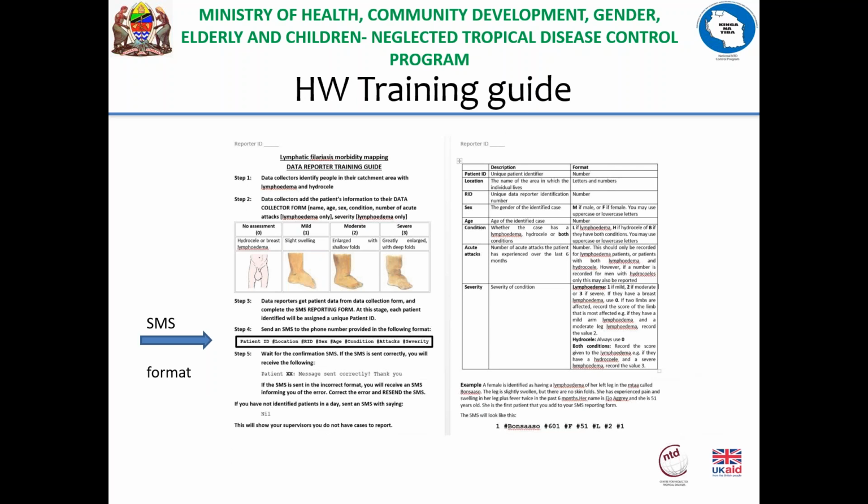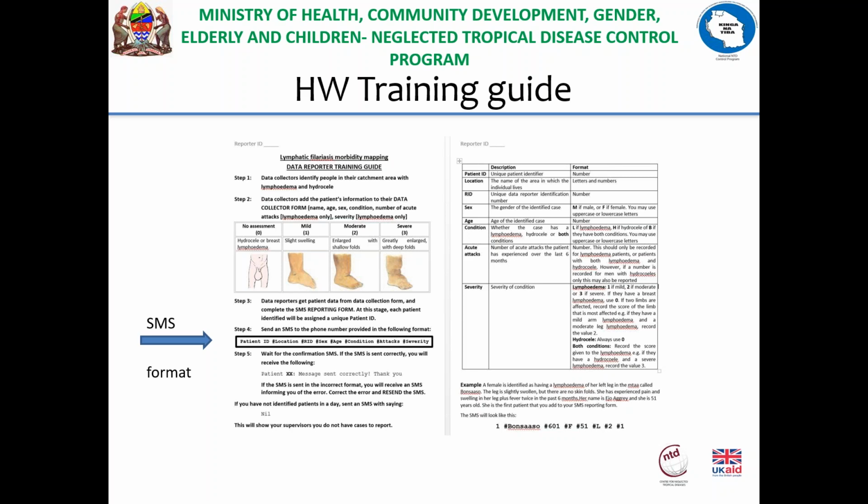So the guide which we gave to the health workers, to make sure that they know the case, is a paper which talks about the stages, how it looks, the coastal soiling, a small definition, and then whether they have acute attacks, the age which was reported, the severity.